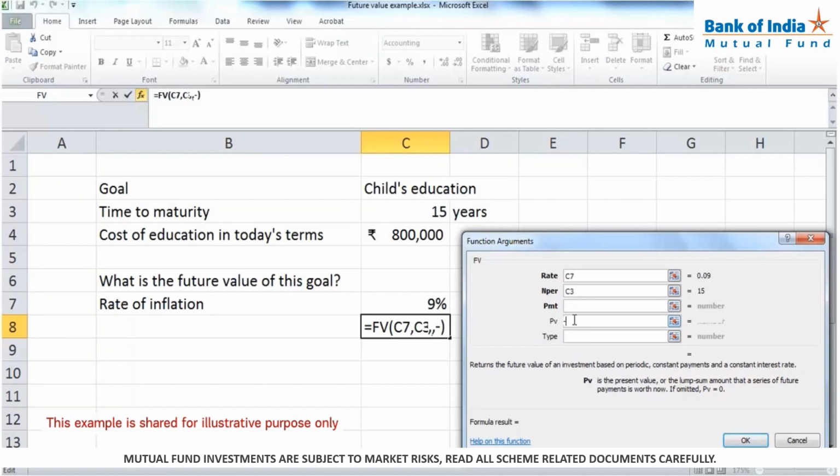Against present value, enter the current cost of higher education. The value to be entered is negative, since this is money to be spent today, the future value of which is to be estimated. The next parameter, type, can also be skipped.